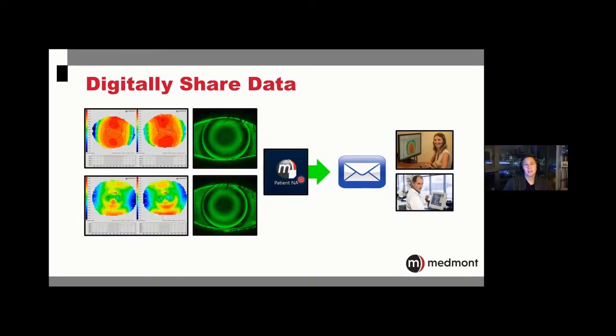And that can be emailed or sent to the lab, and they can import the topographies and the images into their Medmont software. That means that they're able to do the analysis and assessment as if they had taken the topography themselves. They have all the digital data. So that gives your consultant at the lab a very complete understanding of what's happening and therefore what needs to be modified. What do we do next?